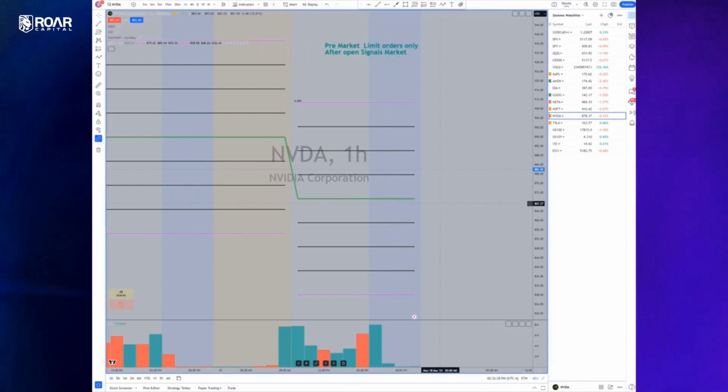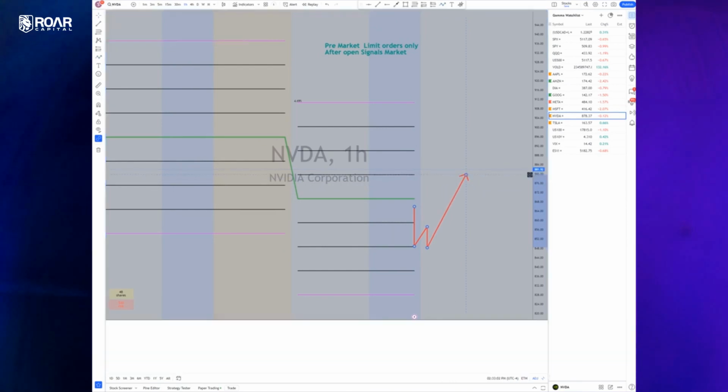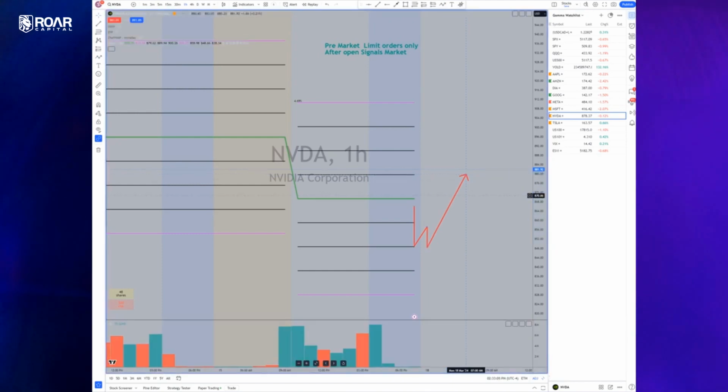Now, let's say that I was long NVIDIA in the pre-market, and the market hadn't opened yet. Let's just hypothetically say that NVIDIA in the after-hours session was trading something like this. So here it is, we're at 880, and we're about to open, okay?